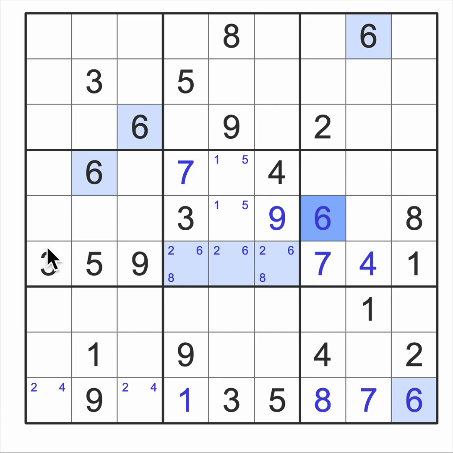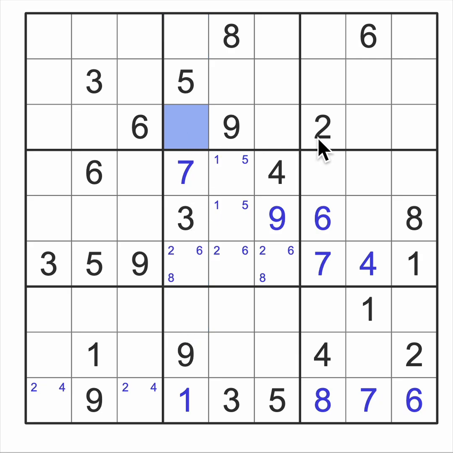Okay, 1, 3, 5, 9. 2, 4, 6, 8. Okay, so now this column is missing 2, 4, 6, 8.